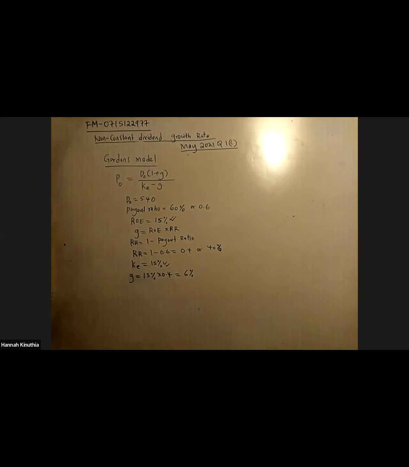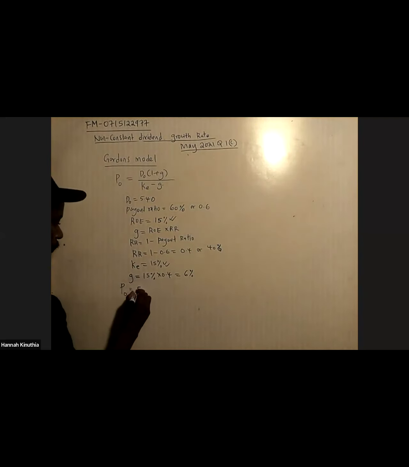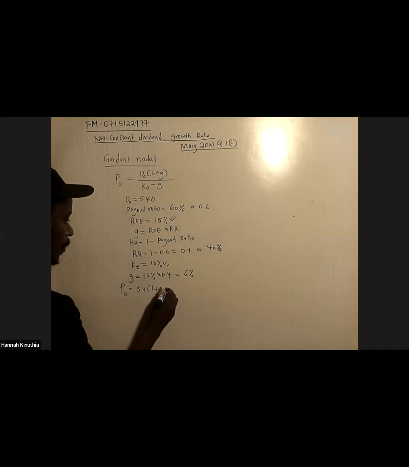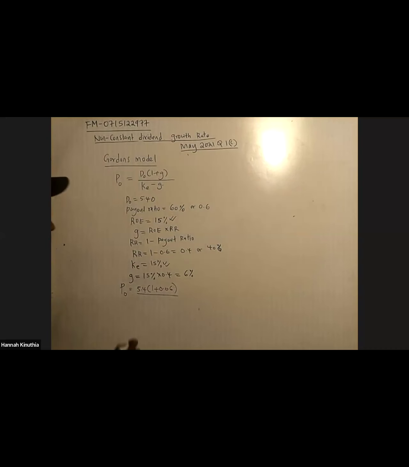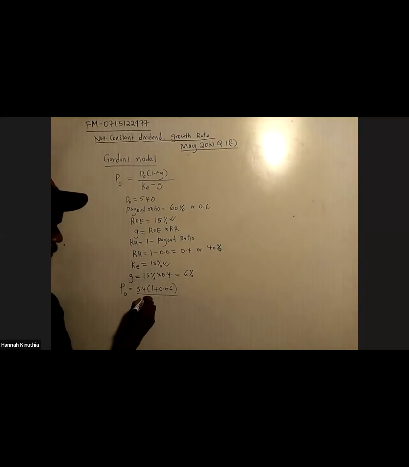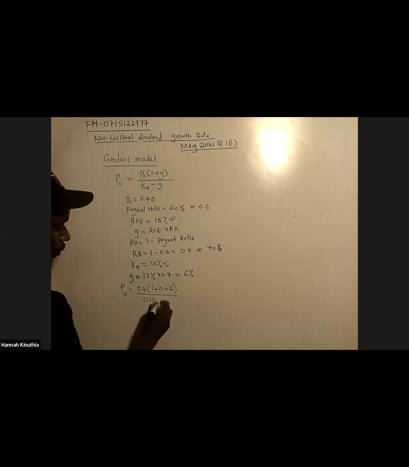Any person with a question so far? None. So let's find P0. It will be 5.4 (1 plus g) over what? 0.15, because there is Ke. If you had the required rate of return you would use it, but here there is none, so we can assume that the required rate of return and return on equity are the same figure in that case.